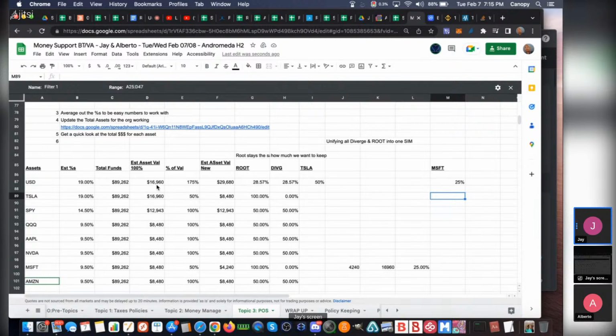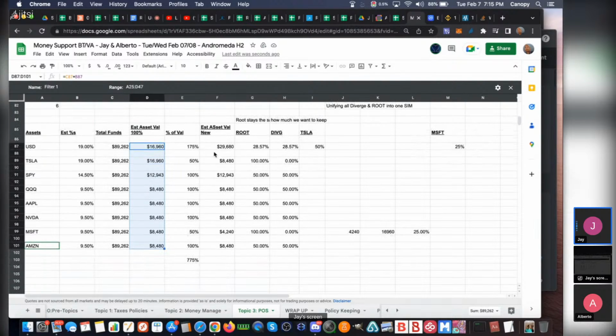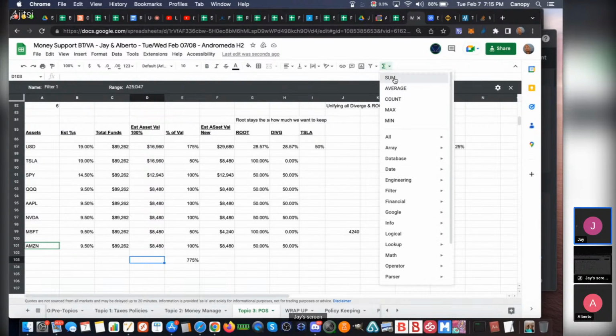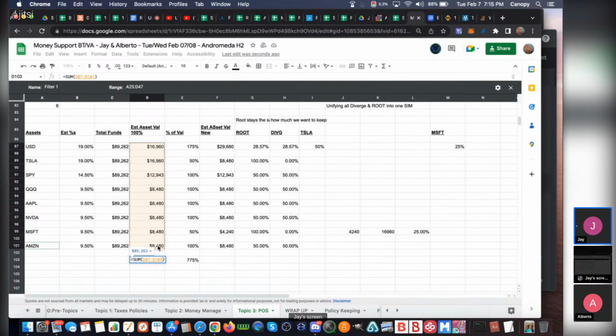Right. So the only total value is the US dollars. The US dollar value should never change. So if you look at the estimated asset value at 100% versus the new estimated value at 100%, those should always be equal. So if you sum both of these up, there should never be a change in total dollar value in assets. You can see here that they're exactly the same. They match perfectly.